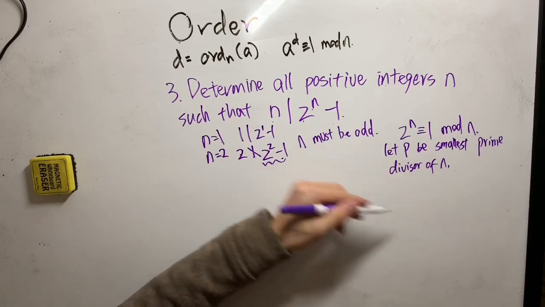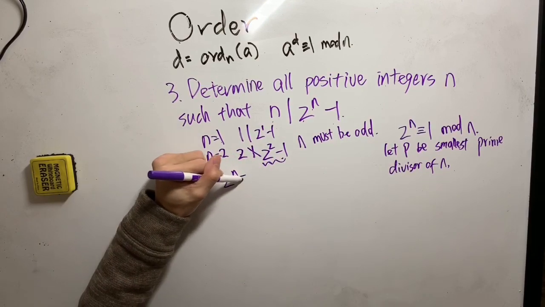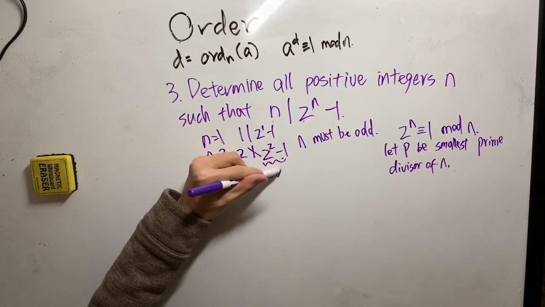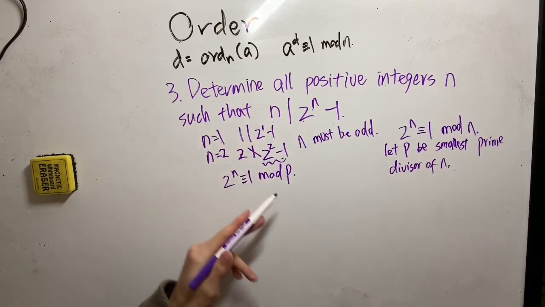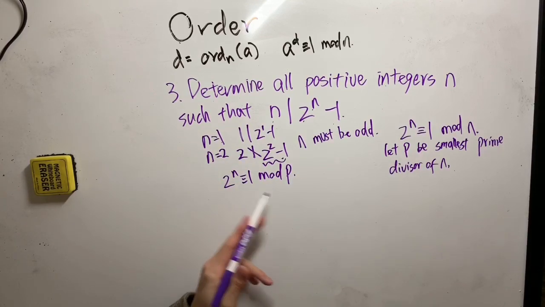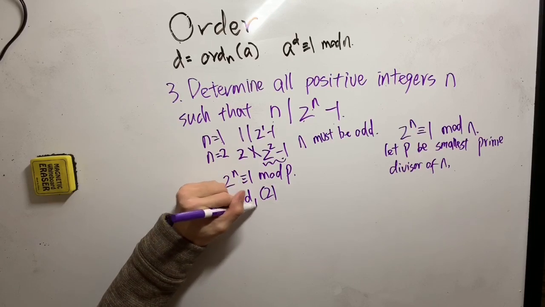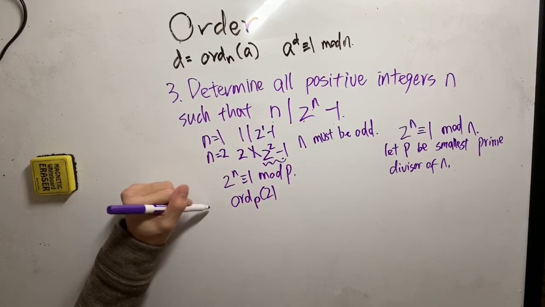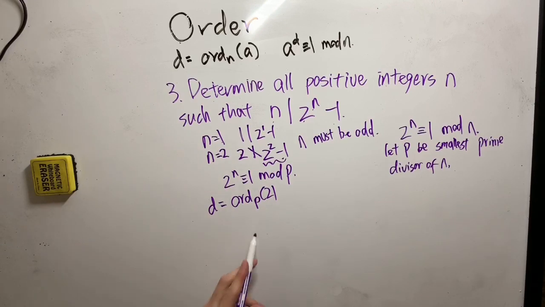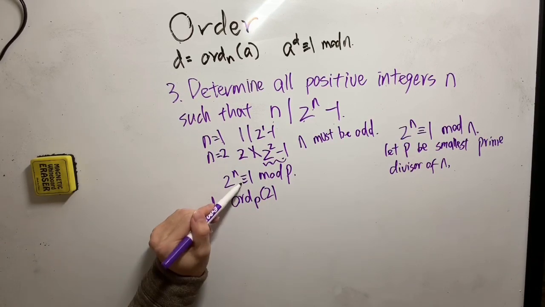Thus, it follows that 2 to the n is congruent to 1 mod p. Then the order exists, the order of 2 modulo p, which equals d. So let's find the properties of d in this question.